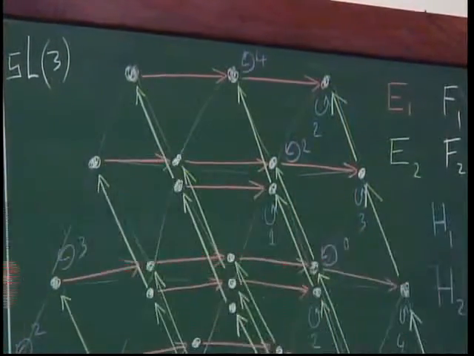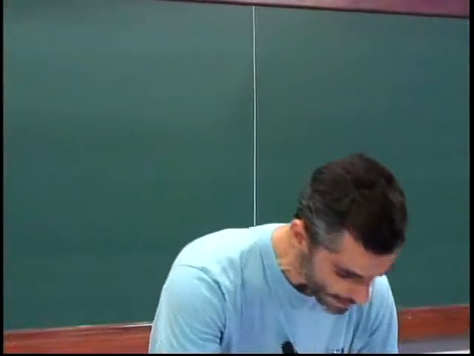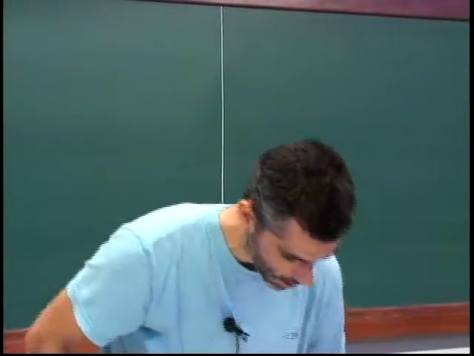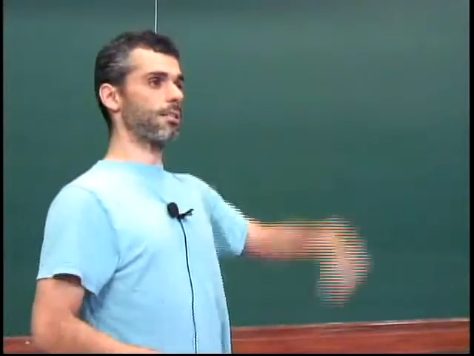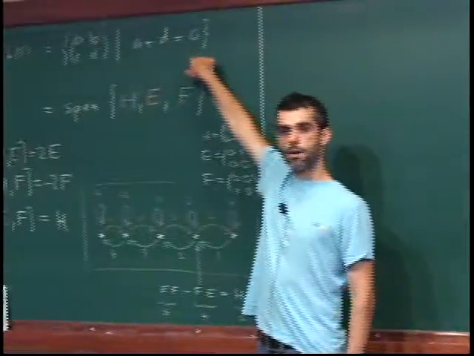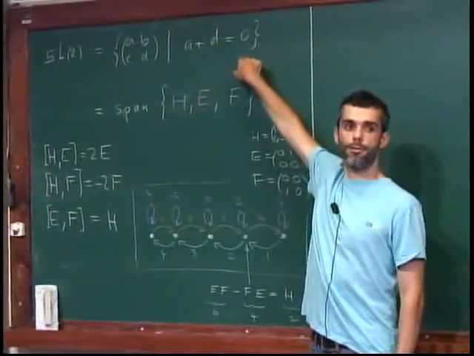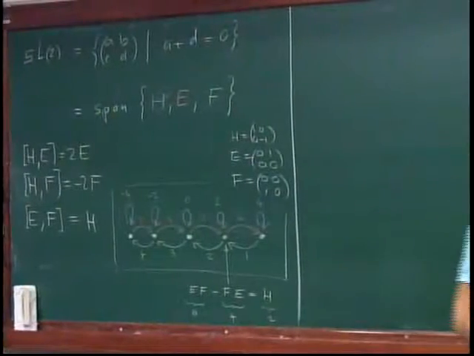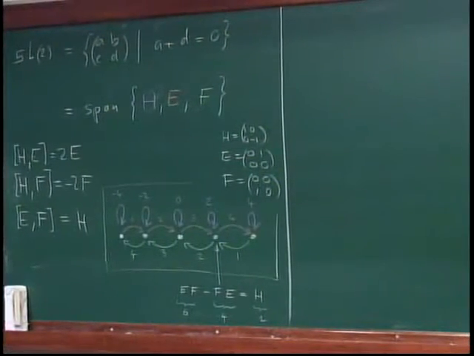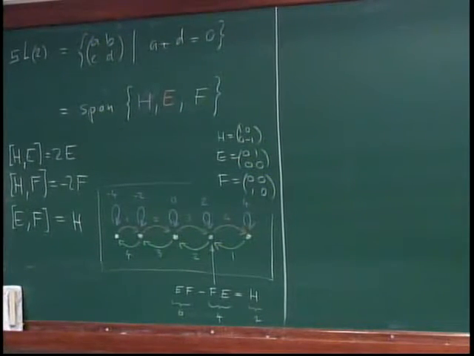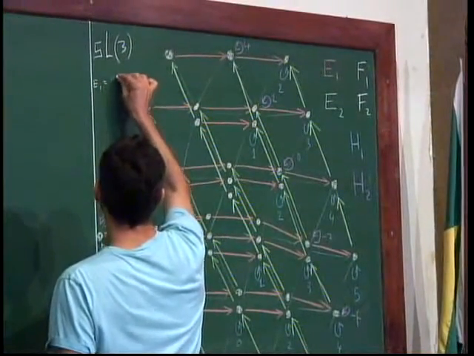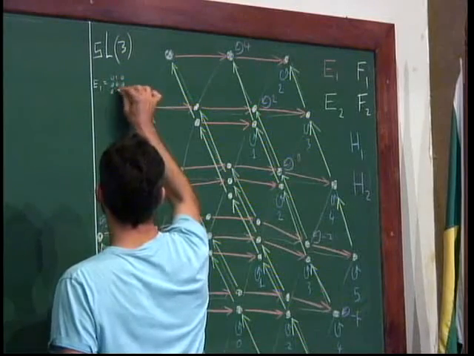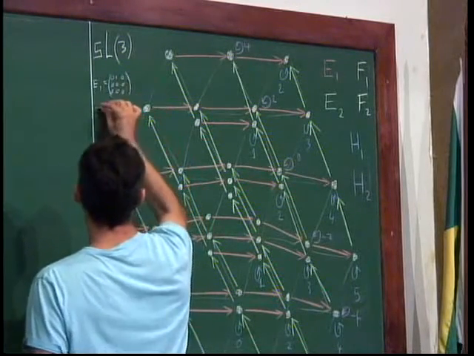So that's what SL3 representations look like. But I haven't told you what SL3 is. You probably maybe know SL3 is the collection of traceless 3x3 matrices. So I could just say that E1 is 0, 1, 0, 0, 0, 0, 0, 0, 0.